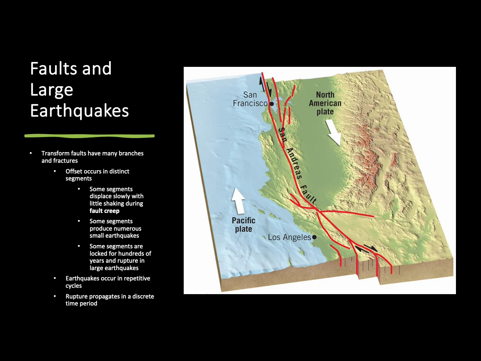But we'll also see that other small segments of these larger transform faults will have been locked in location for hundreds of years, waiting for enough stress to build up for it to rupture. When we have this pressure build up for hundreds of years, this is what creates the most powerful and destructive earthquakes along our transform faults. So here we see that along our transform boundaries, these earthquakes occur in repetitive cycles.